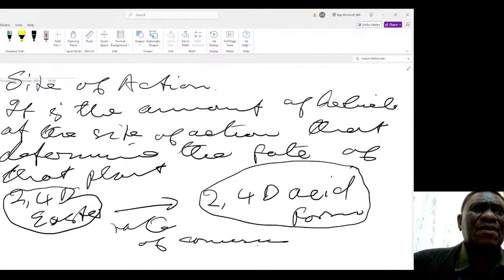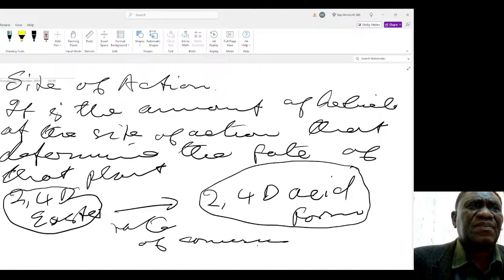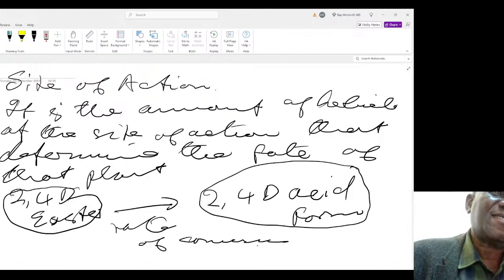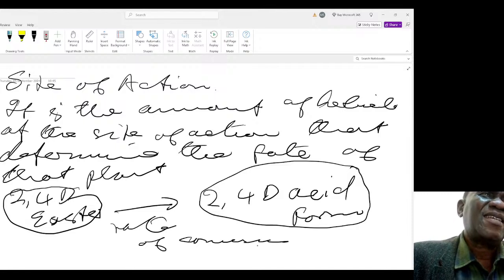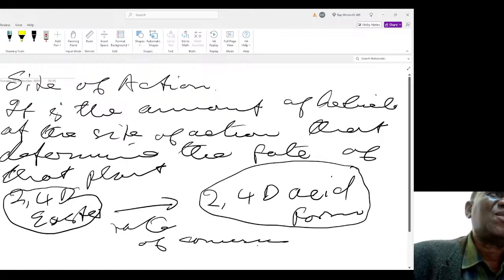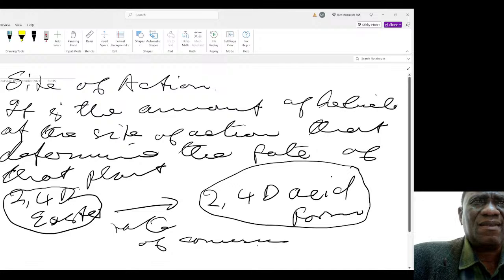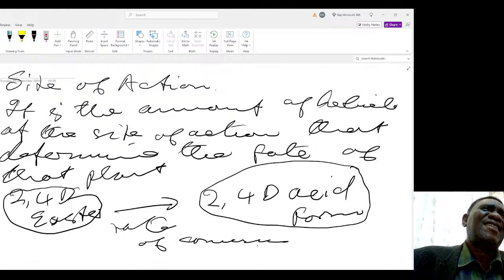Now, in the plants where 2,4-D is moved slowly, like in grasses, the grasses are not going to be killed by 2,4-D, but the broadleaf plants, which move a lot of 2,4-D very fast because the conversion is very fast, are going to die, because the herbicide can reach the site of action very quickly.